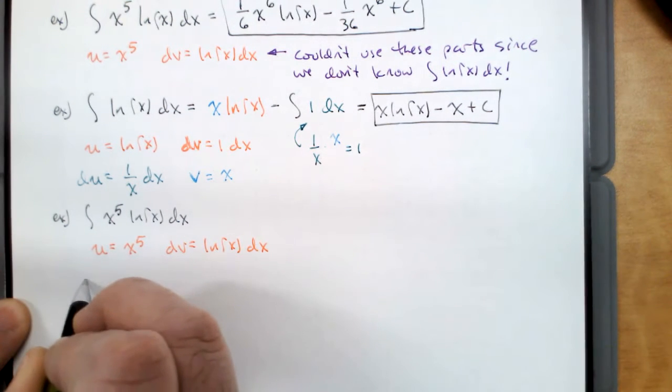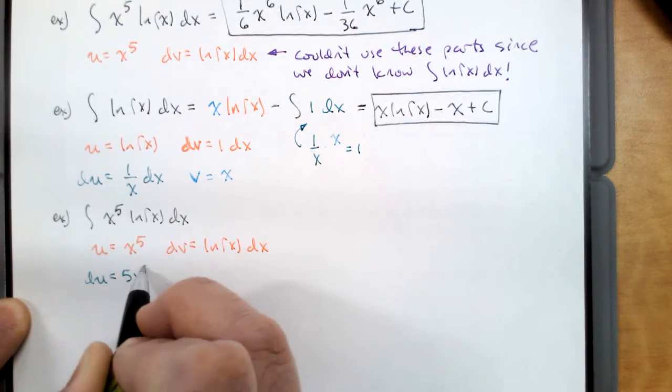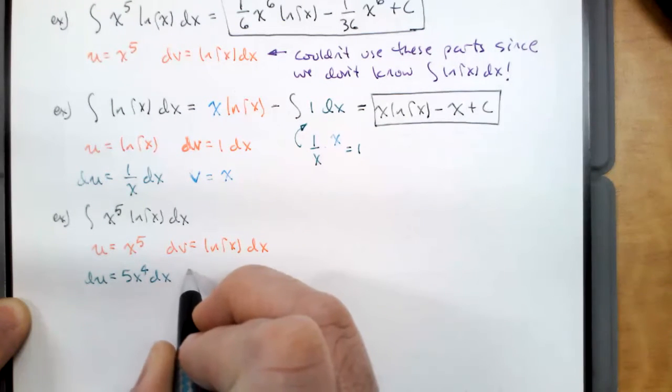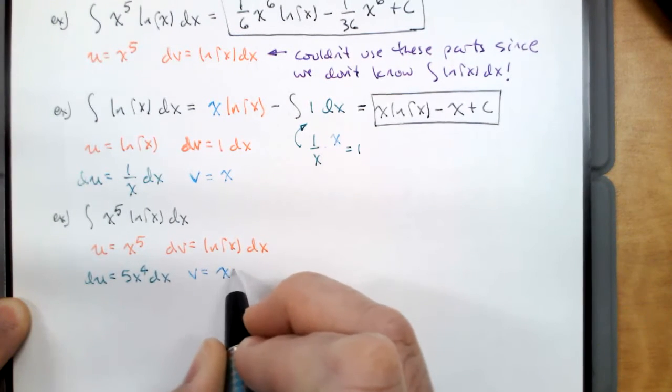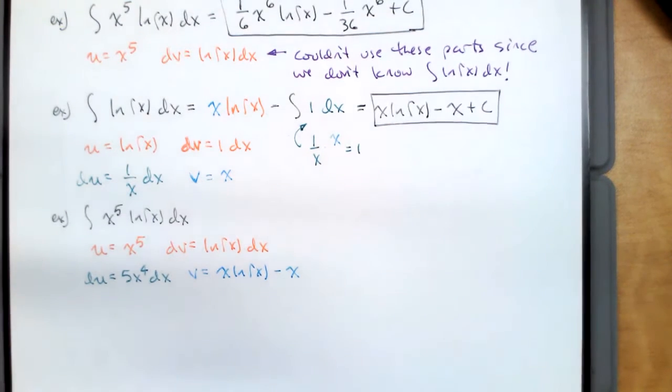So in this case, du is going to be 5x to the 4th, and that's where the dx will show up again. And now that we know the antiderivative of natural log of x, we can write v is x ln x minus x. Now, step 2, find du and v.